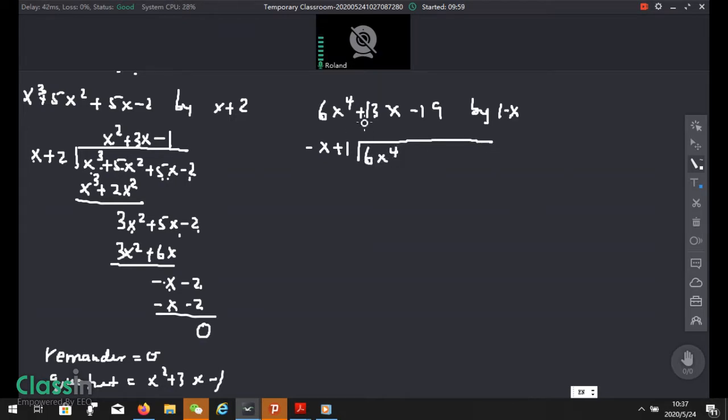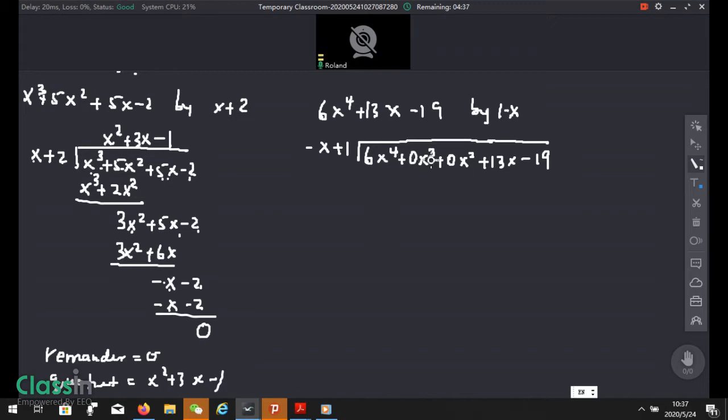6x to the fourth. There is no x cubed, there is no x squared. So we can say it's 0x cubed. There is no x squared, so 0x squared plus 13x minus 19. The reason why is that we want the terms to be in descending order, from 4, 3, 2, up to 1.